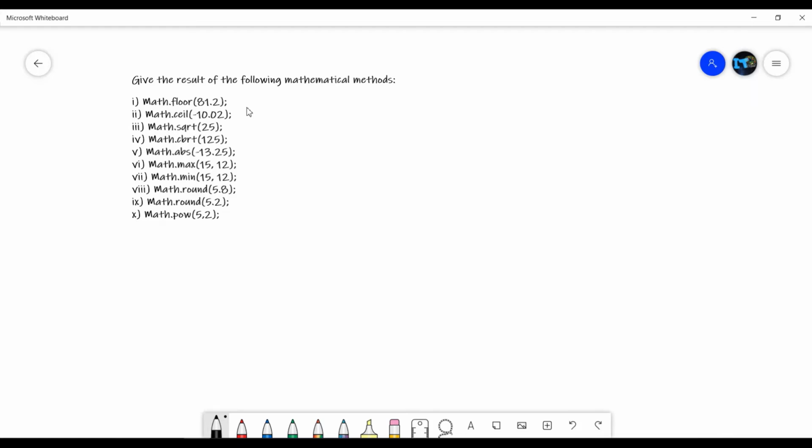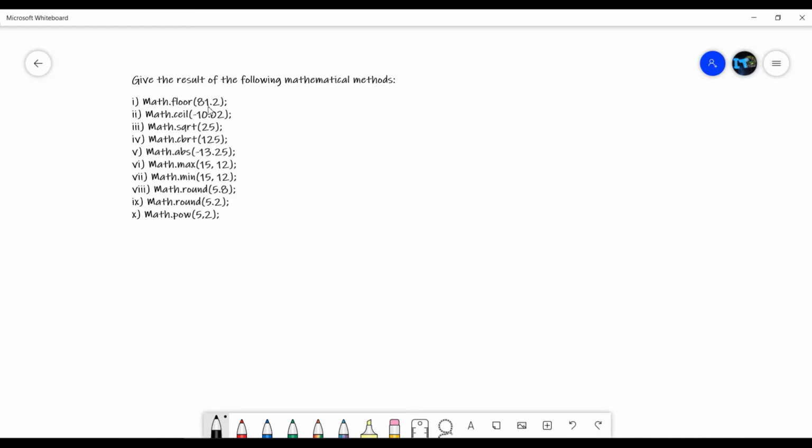So the first question is Math.floor of 81.2. The value is 81.2, and what value does the floor method return? First of all, you should know the working of the floor method.